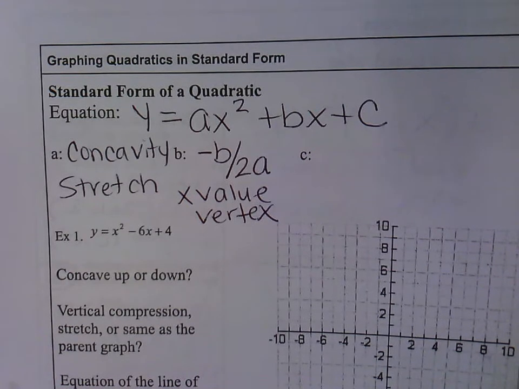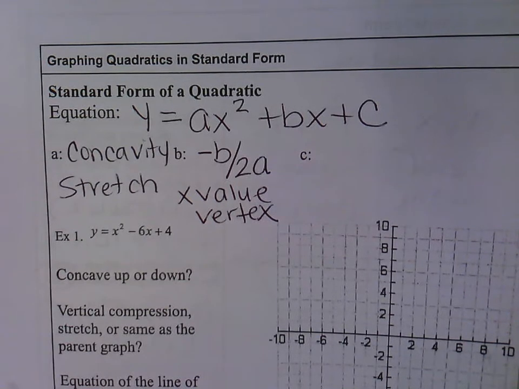Negative b over 2a is sitting there. The reason is, guess where your x-intercepts are? They are equidistant from your vertex. So if we're using this to find our vertex, our x-intercepts are somewhere on either side of your vertex, right? And there's actually a proof that you can see that shows that this will get you your x-intercepts.